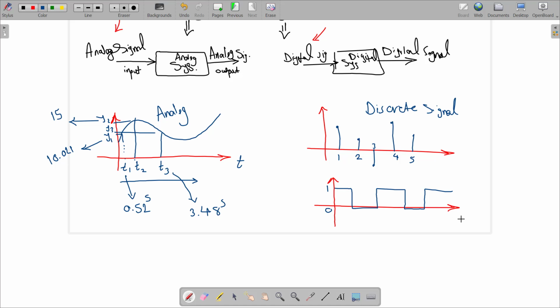During the time, if this is, for example, x of t, our x of t has just two values, 1 and 0. So this type of signal is called a digital signal.